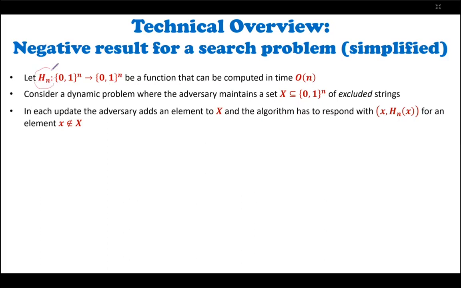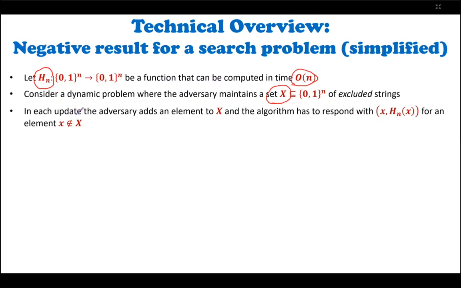Suppose that we have a hash function h mapping n bits to n bits, and suppose that this hash function can be computed in linear time on every point. We design a dynamic search problem in which the adversary is allowed to specify excluded or forbidden strings.